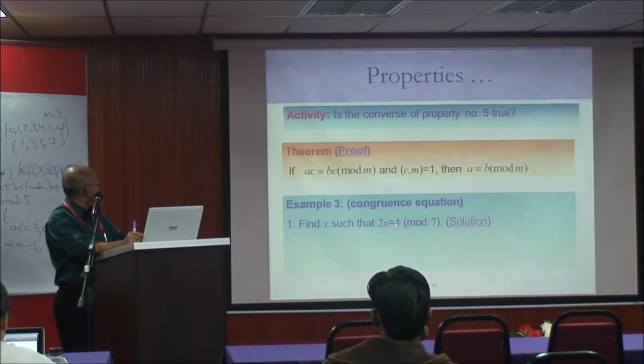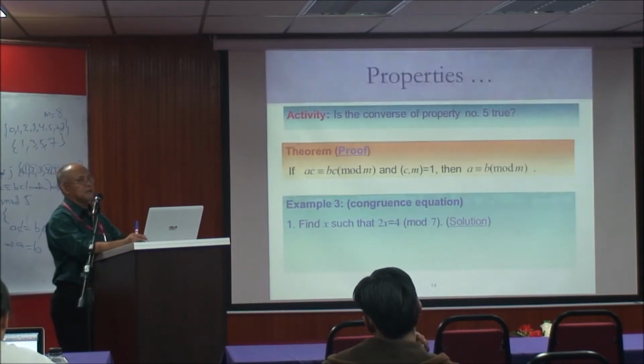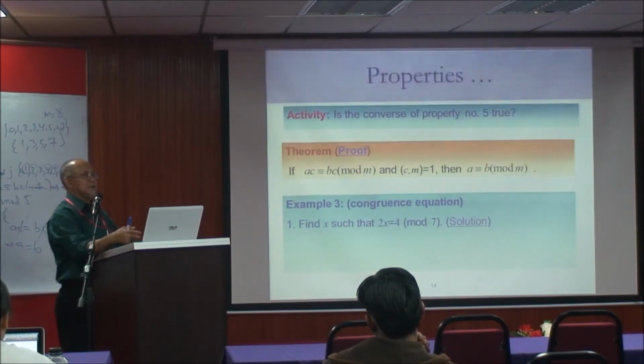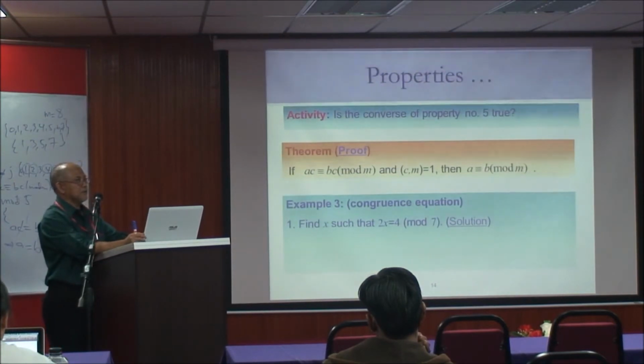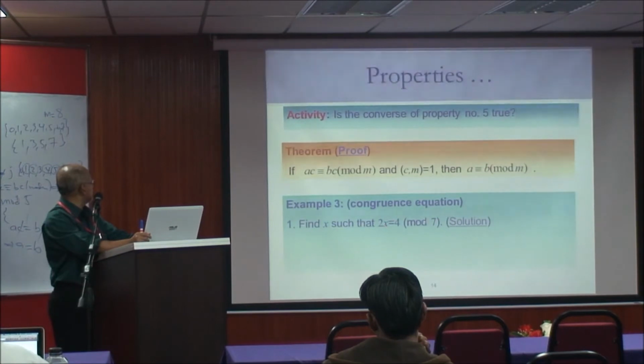Is it possible to find an integer that satisfies this equation? You can try substituting 0 until 6, until you find a solution that satisfies it. Let's say 0. Definitely 0 is not the solution, because 0 is not congruent to 4.